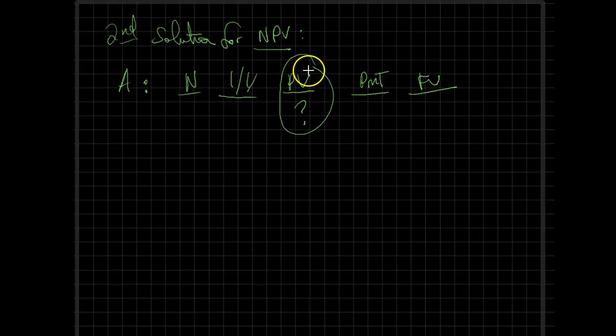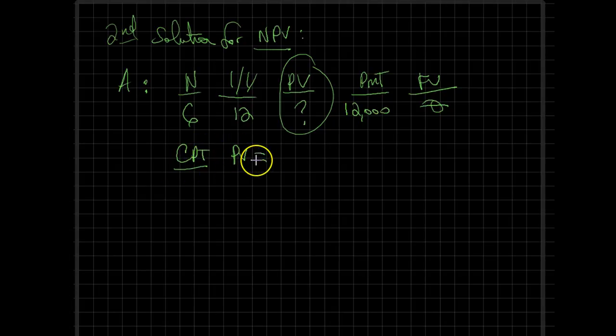Now the question mark is in the present value. The payments are no different, still $12,000. The project has 0 salvage value. It's a 6-year project. However, the required rate of return on this project is 12. So from here you can go ahead and compute PV, and you should get $49,332.